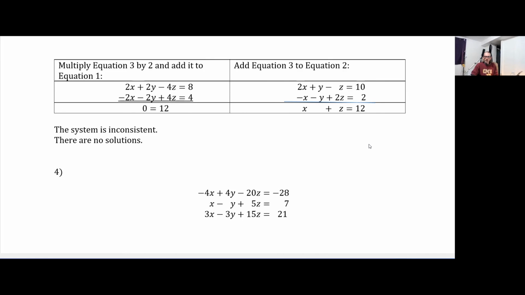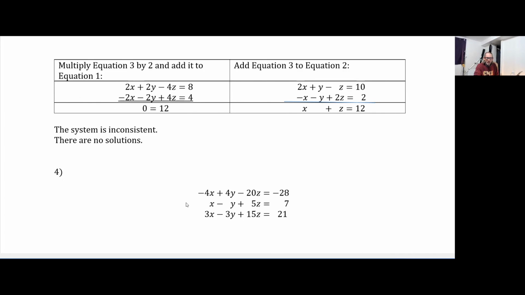And on this last one, we also have a special situation. If I were to take equation 2 and multiply everything by 4, then I would add up equations 1 and 2 after multiplying by 4 and get all the variables drop out and 0 equals 0.